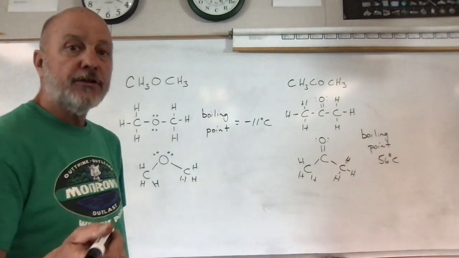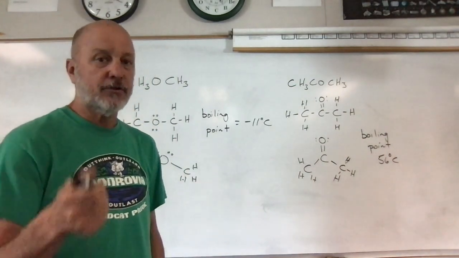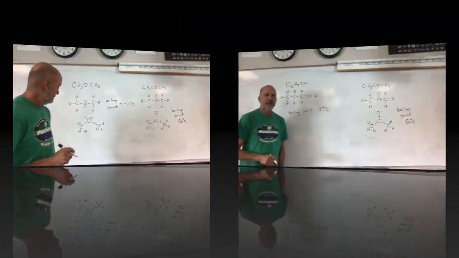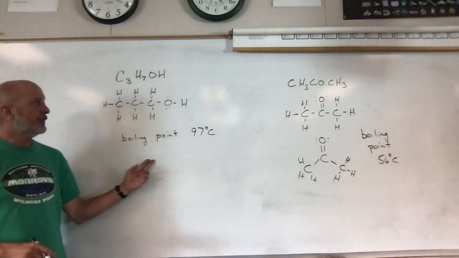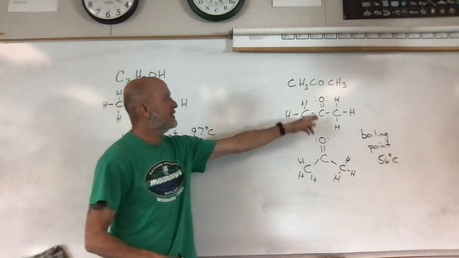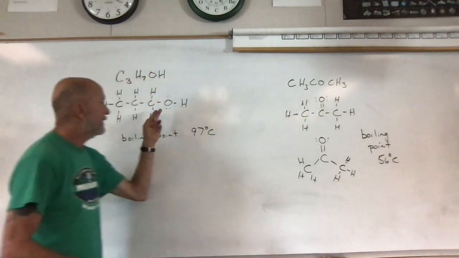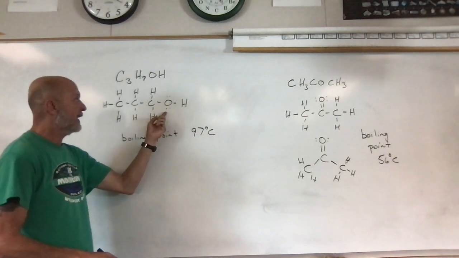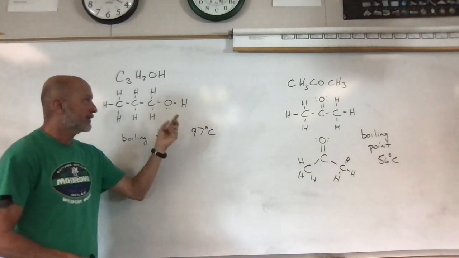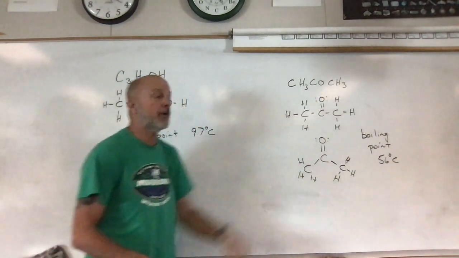And then let's look at another example of a similar molecule with a slightly different type of intermolecular attraction. So here's a very similar molecule, compare these two, 3 carbons connected. In this case, the oxygen's off to the side, but importantly, there's a hydrogen bonded to this oxygen. Here there's no hydrogen bonded.